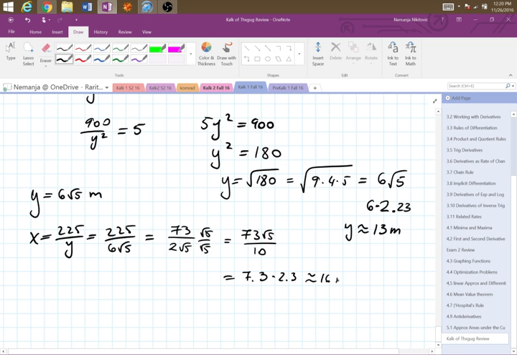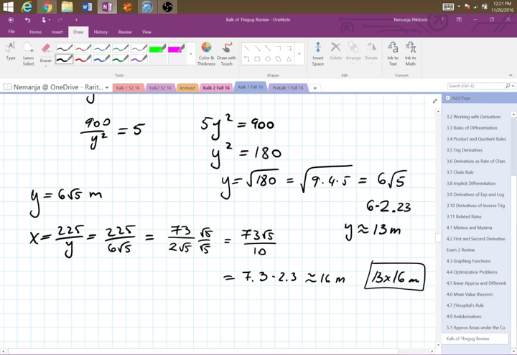Those will be the dimensions, roughly. We can find the actual value by punching values in a calculator. I have 16.32. 16 is good enough.